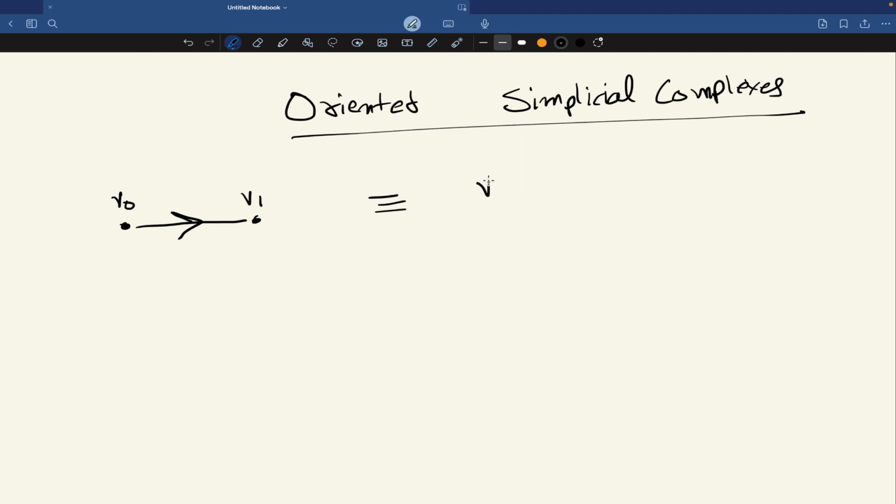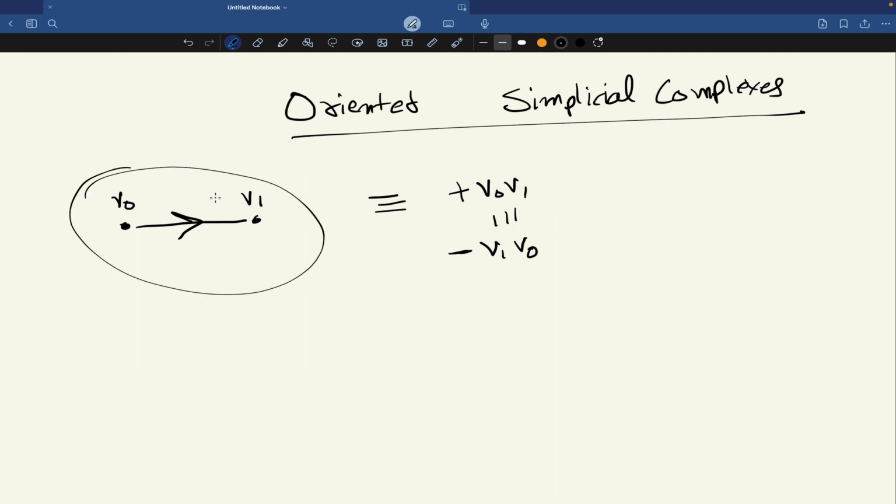We can denote this by V0, V1. You can also denote this same simplicial complex with V1, V0, but now we will have a minus sign over there. So if we are going with the flow from source to target, then we have a positive sign, but if we are going against the flow, then we have to put a minus sign over there. So these two are denoting the same simplex. This is my one simplex.